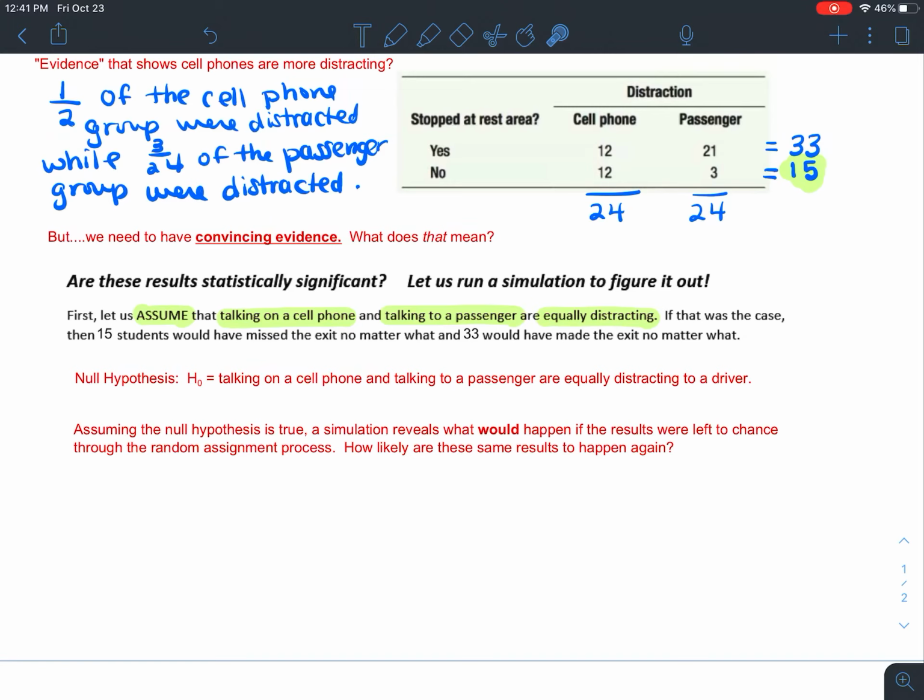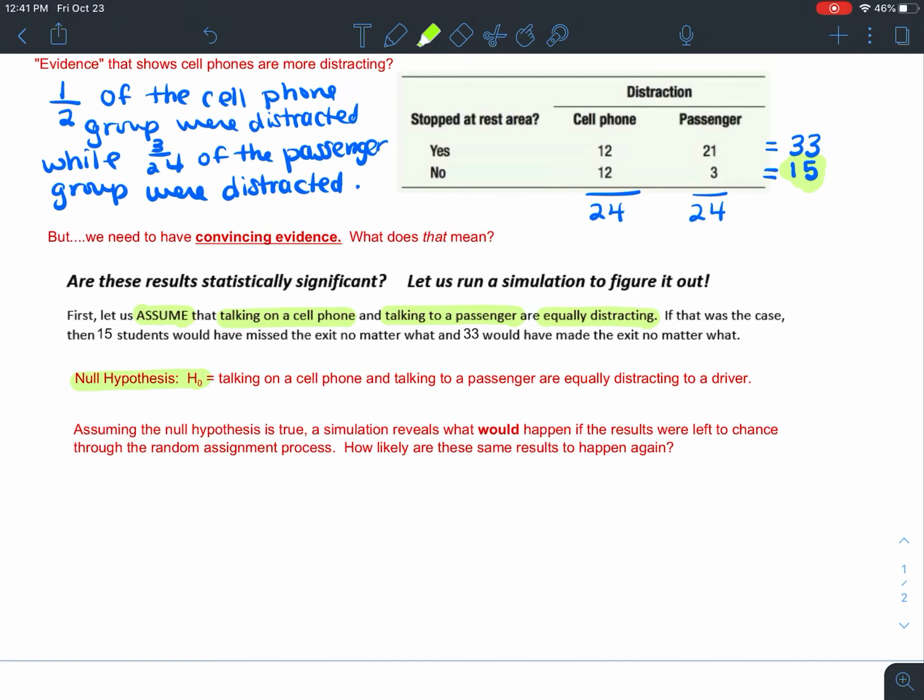They're just people who easily get distracted. So whether their distractor is a passenger or a cell phone, they're probably going to miss the exit. And these 33 people, regardless of which treatment group they were in, they're not going to get distracted. This is all under the assumption that cell phones and passengers are equally distracting to a driver.